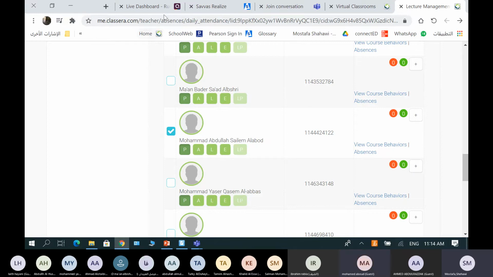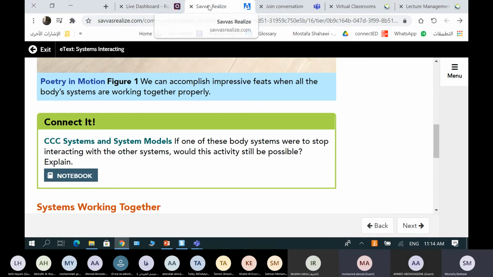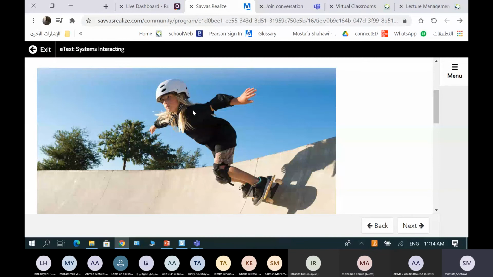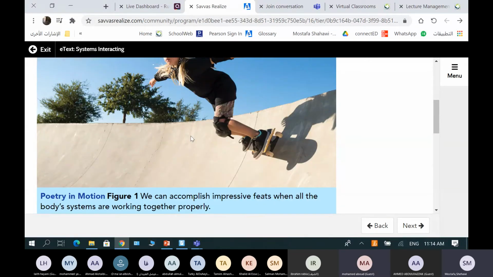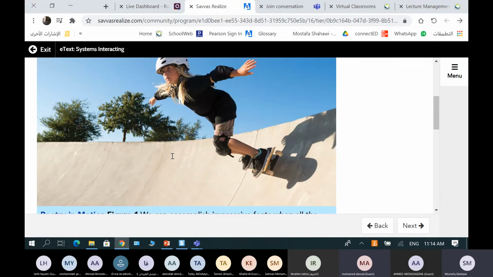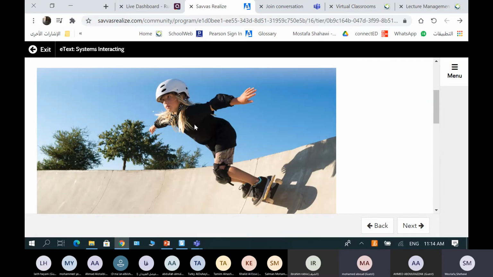Muhammad, can you answer this question? What if one of these systems stopped working or communicating with another system, for example the nervous system, skeletal, muscular, circulatory, or respiratory system? If one of them is not working properly or not communicating, is this activity still possible?